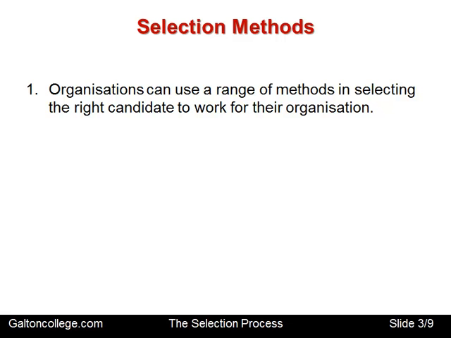But if it's a highly specialist, highly paid placement within the business, then perhaps more sophisticated procedures will be instituted, and experts may even be called in to help in the selection process.